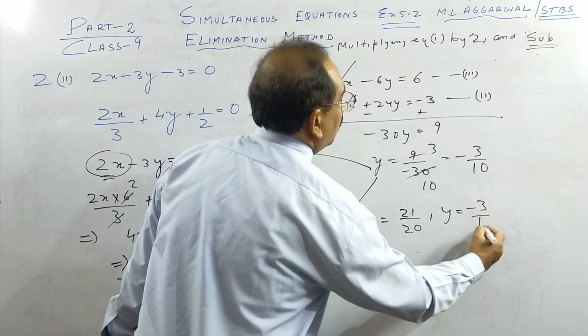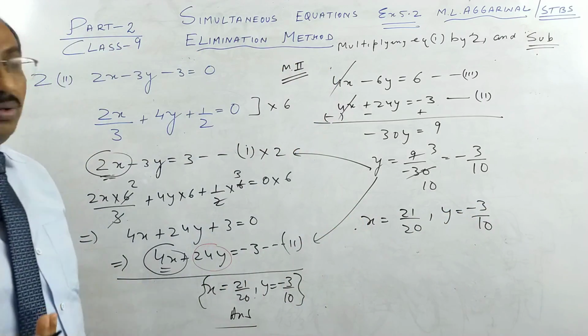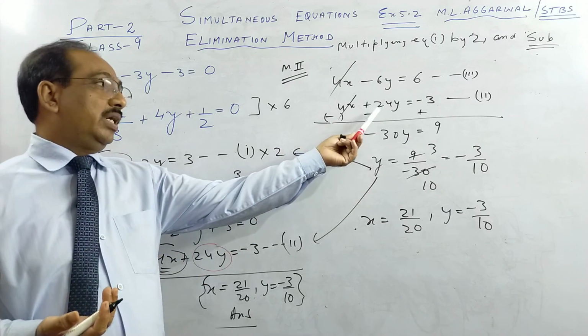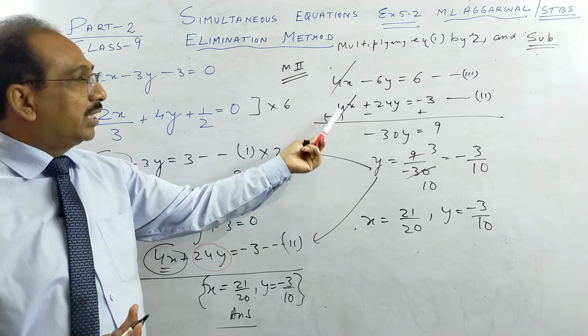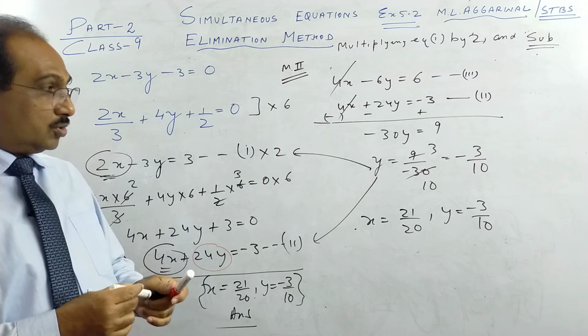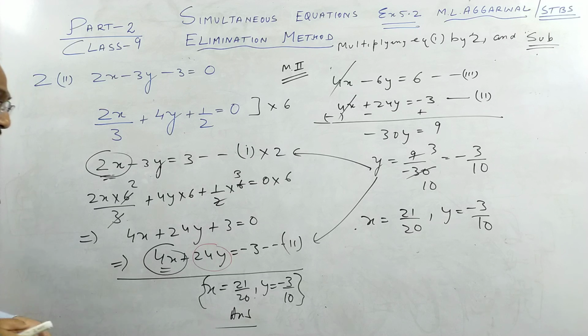Since this is an introductory video, I have shown you how we can eliminate y as well as x. Any one of the variables you eliminate by making the coefficients equal. So kindly pause the video, take a screenshot, copy, and then I'll go to the last question, question 3, which is very, very important, and a new method I'll teach you there.